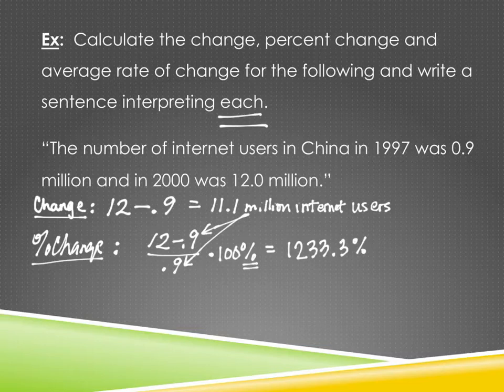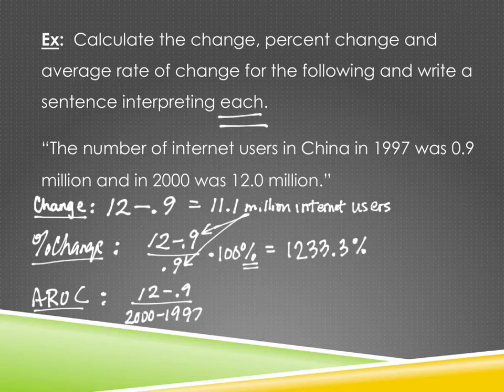That's a doable thing. The last one, average rate of change, takes again the same numerator, so 12 minus 0.9, and it divides by what? This is always change over an interval of time. 2000 minus 1997.